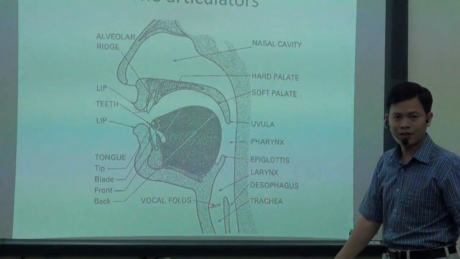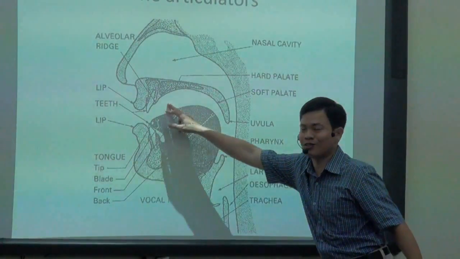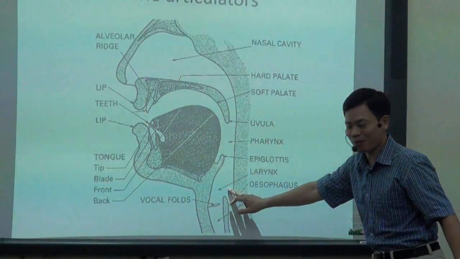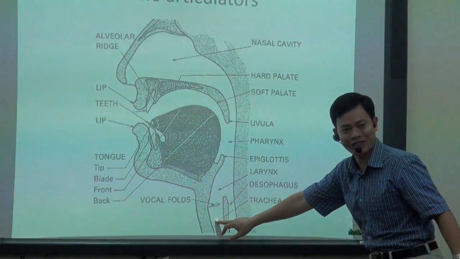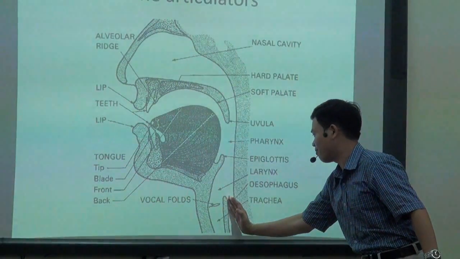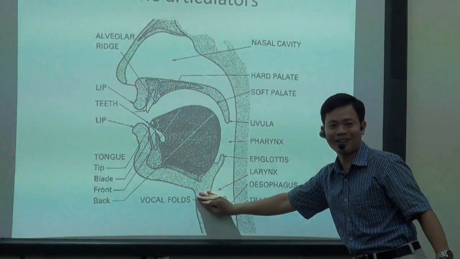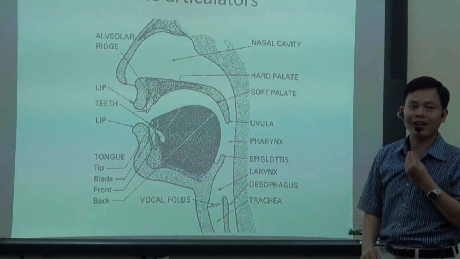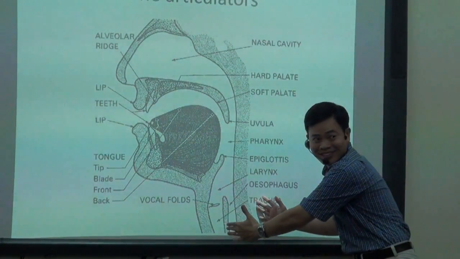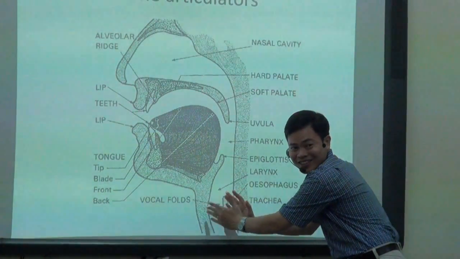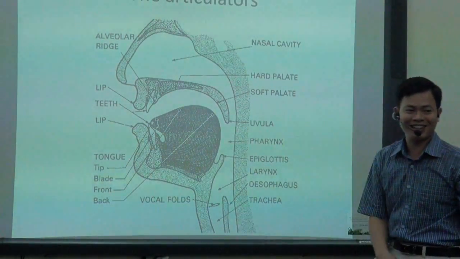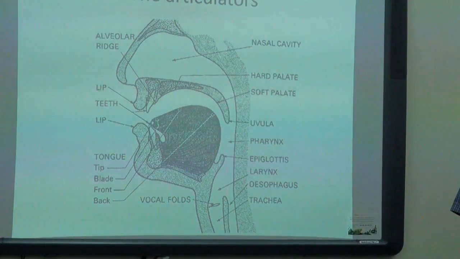Well, when you eat, the food will come, and our body is designed so that food does not go into the lungs, right? So when the food comes here, this flap will close this part. When you swallow, this part is closed and this part is open. When you speak, this part is closed and this part is open. And if there is something wrong with this, you will be in big trouble.